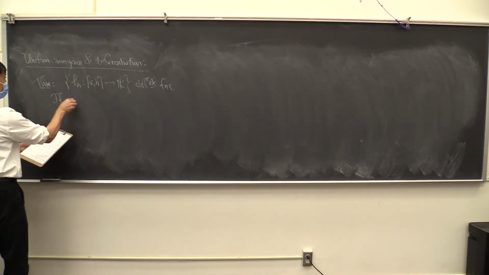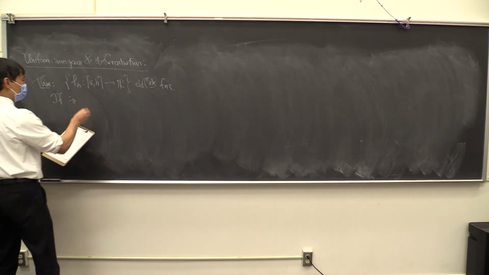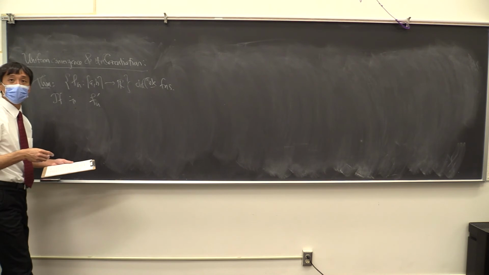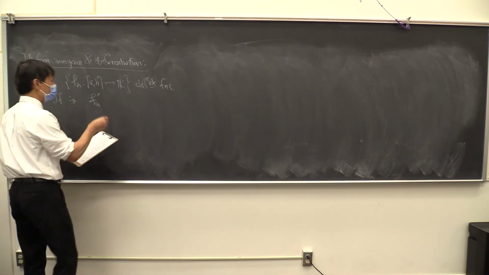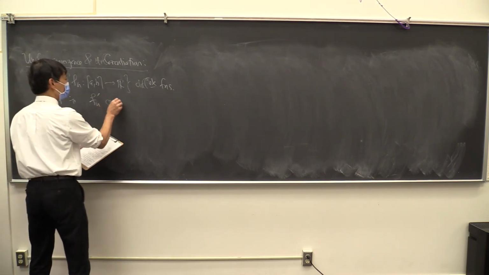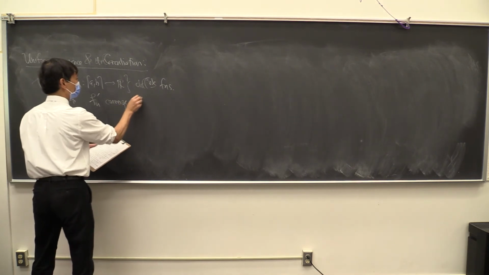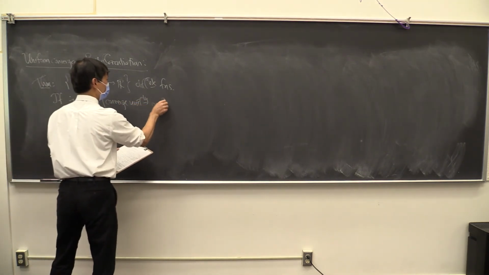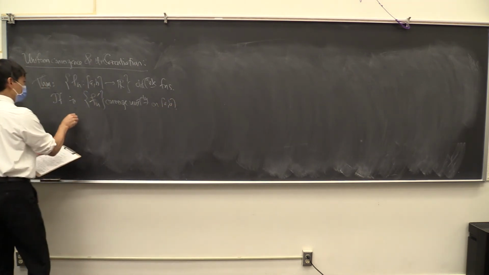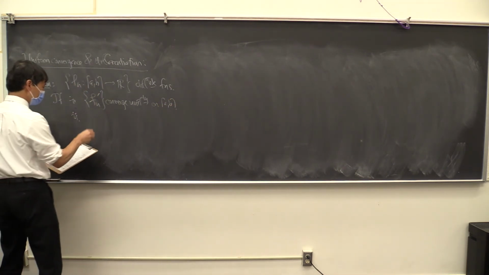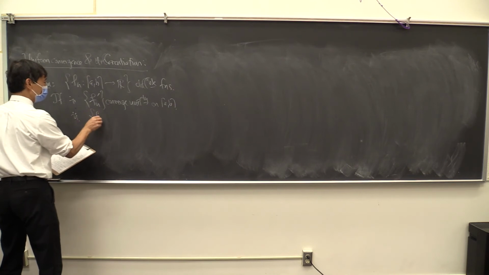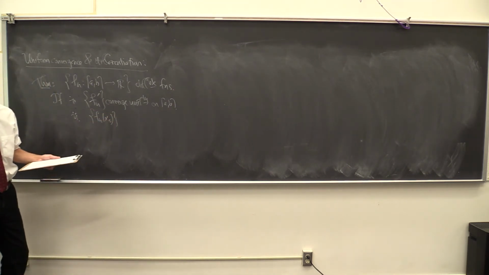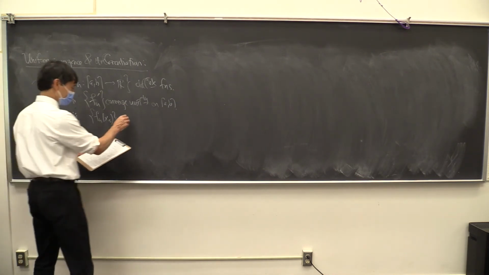So if the derivatives converge uniformly on [a, b], and here's a kind of funny one, the functions converge at a single point.